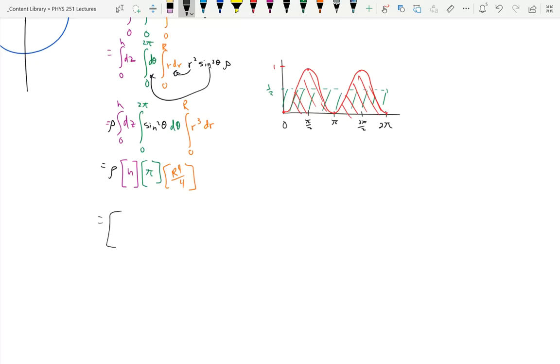The other one was... So I'm doing the full work. Okay, so it's just the R squared over 4.